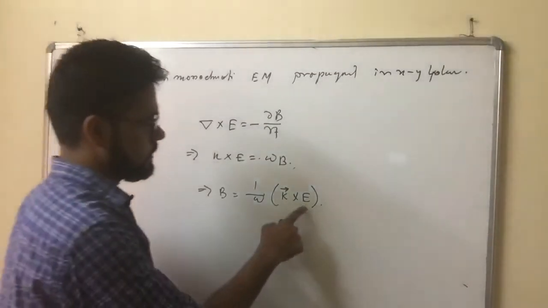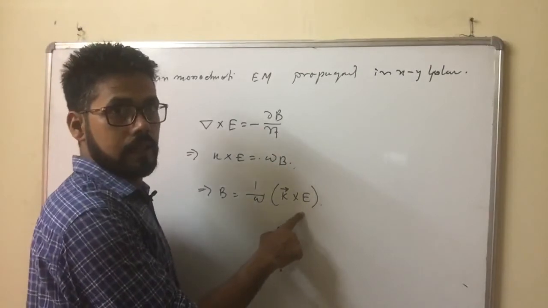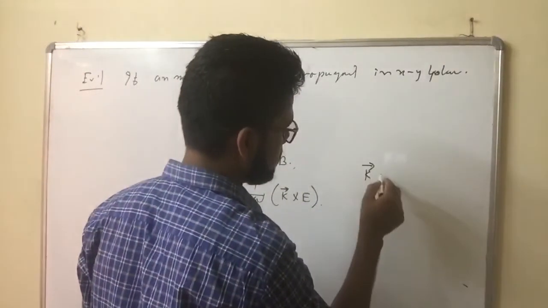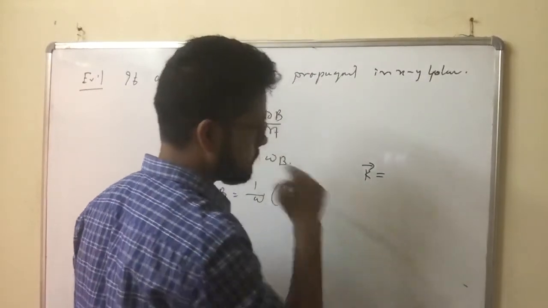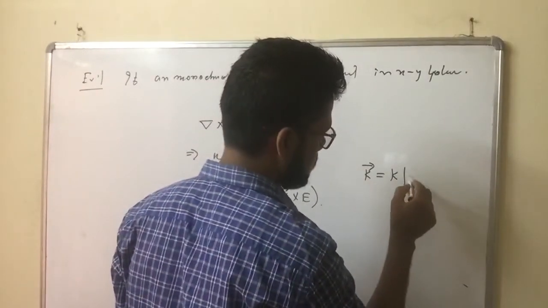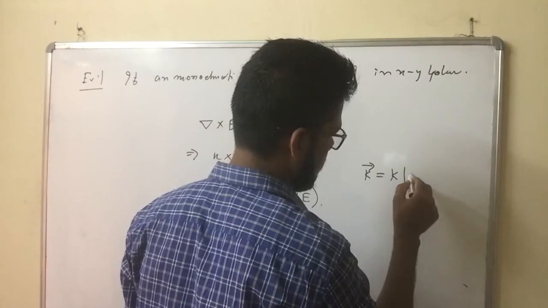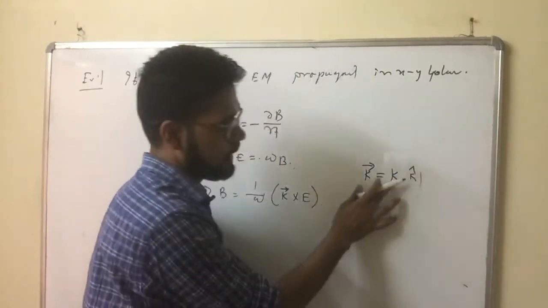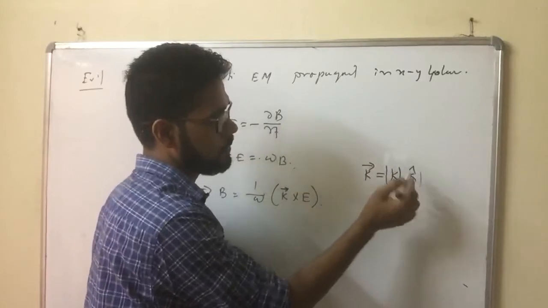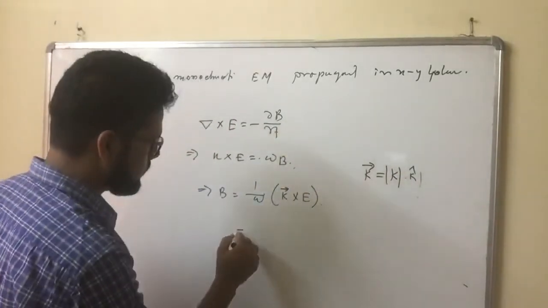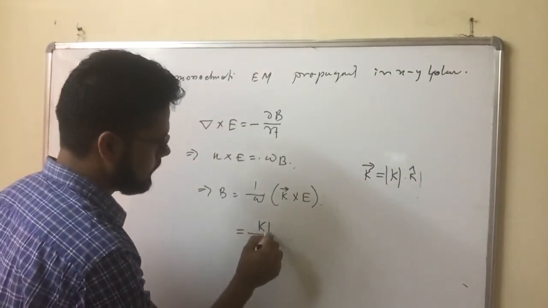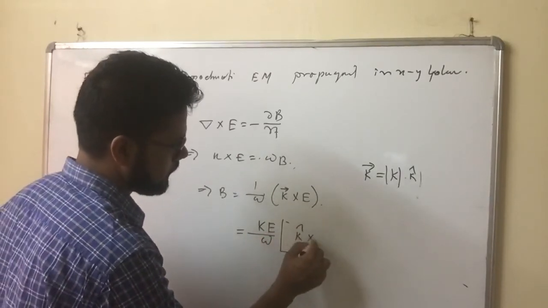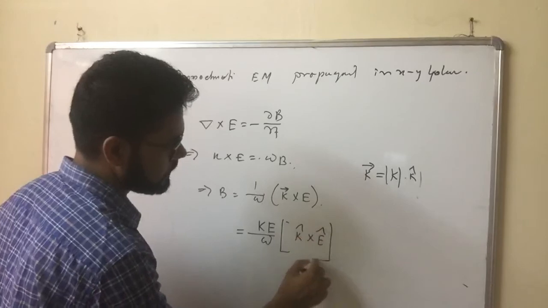E is given. Now you see this k vector equals what? K into the unit vector, K cap. Is it okay? The K vector is k, the magnitude, into the unit vector. So I can take it like this: k by omega, this k cap cross E cap. These are unit vectors.